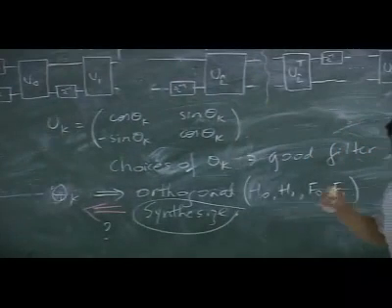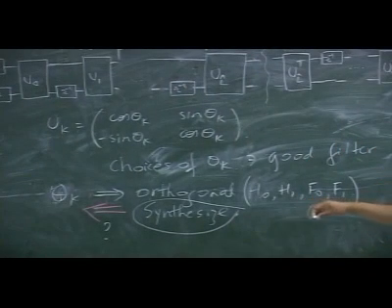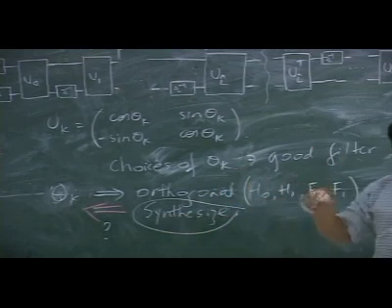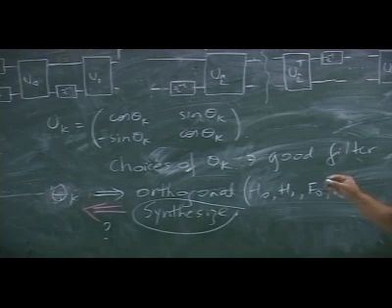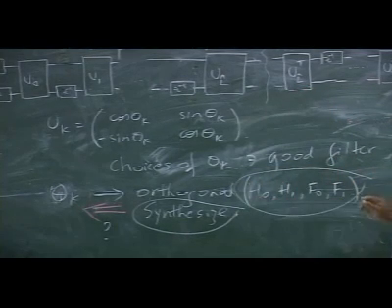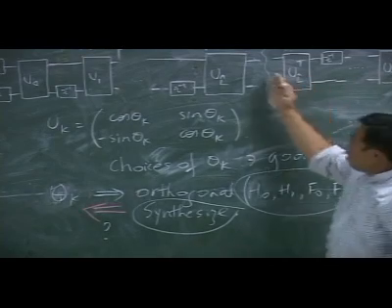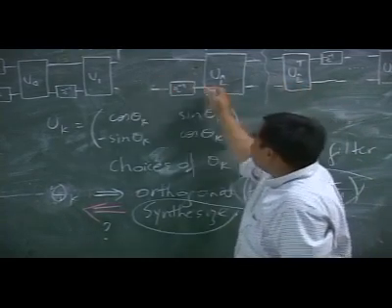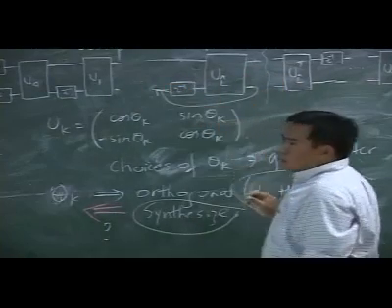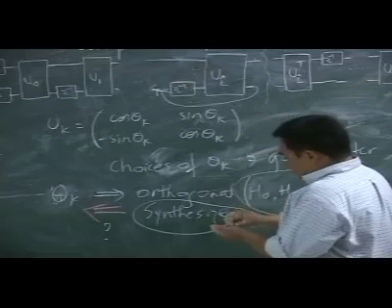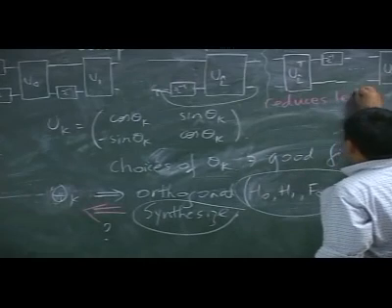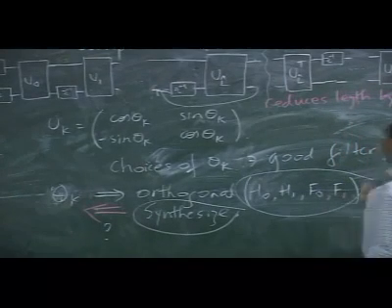I'm not going to derive it, it will take 15 minutes to derive the synthesis. But there is a synthesis procedure in the book that discusses how to go from a general orthogonal system, peeling off or synthesizing all these blocks. Every time you're going from here to here, you want to reduce the order by 2.